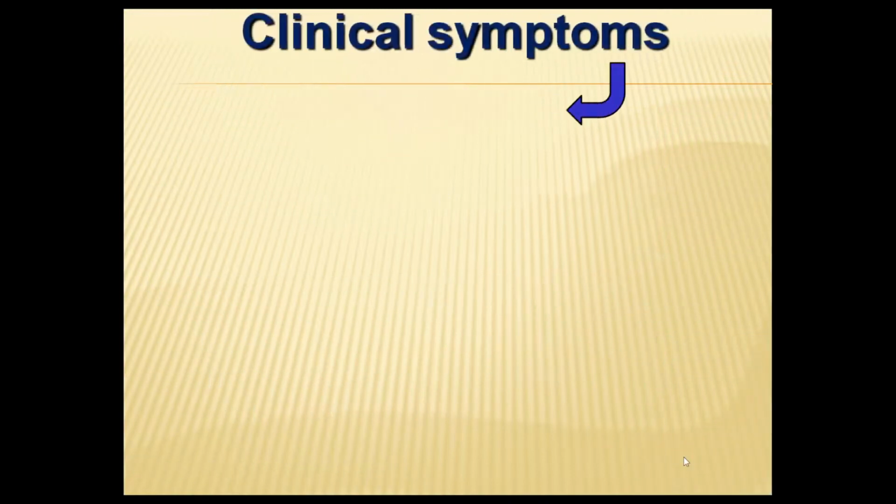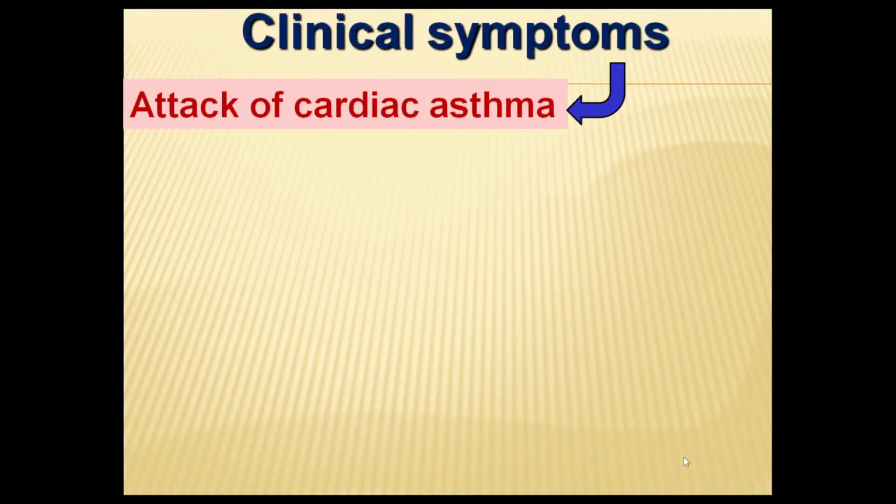Let's see the clinical manifestation. I said to you that first of all pulmonary vessels are overfilled with blood, blood is absorbed into the intra-alveolar space. Activity of alveoli is restricted, the patient cannot adequately inhale. We are talking about attacks of cardiac asthma, an attack because it is a sudden process.